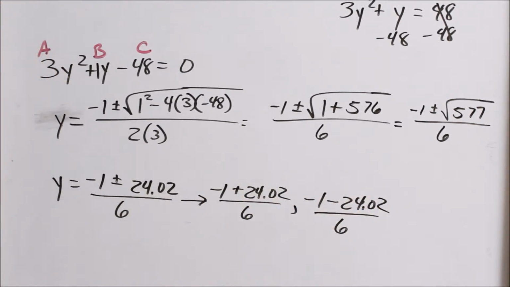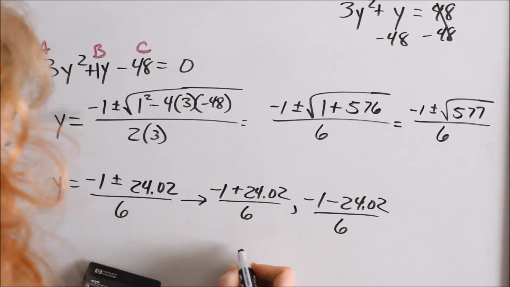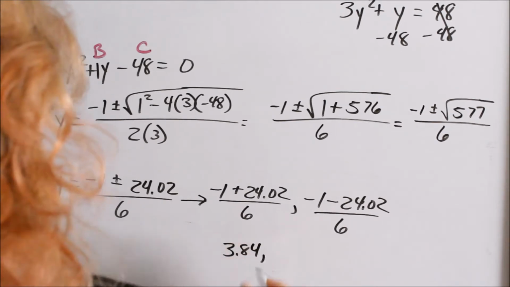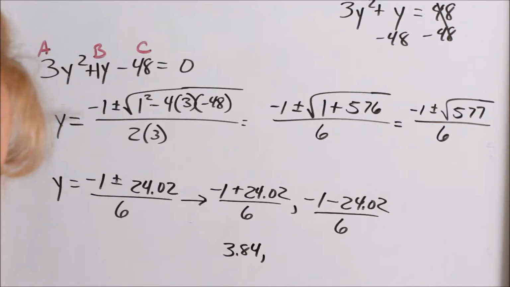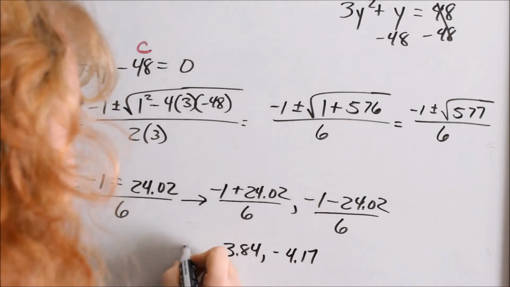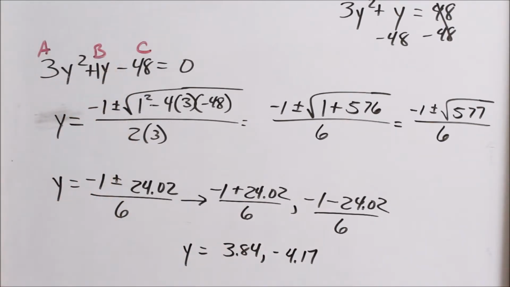It's important to do your numerator first. So do your negative 1 plus your 24.02, then divided by 6. This comes out to 3.84. And then a negative 1 minus a 24.02, and then divided by 6 comes out to a negative 4.17. So these were your y values.